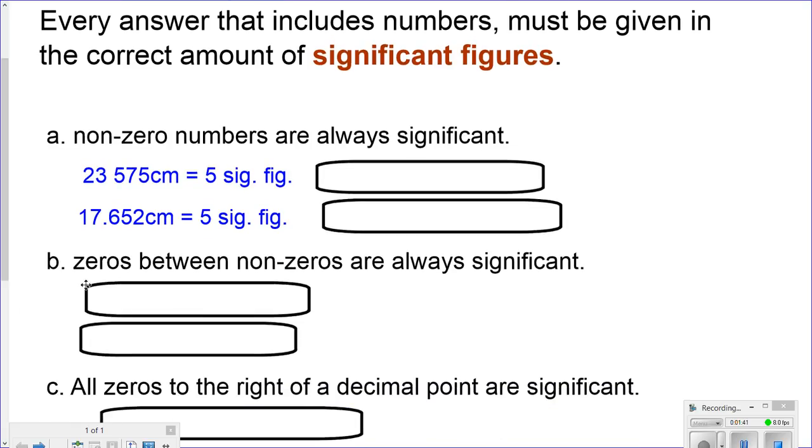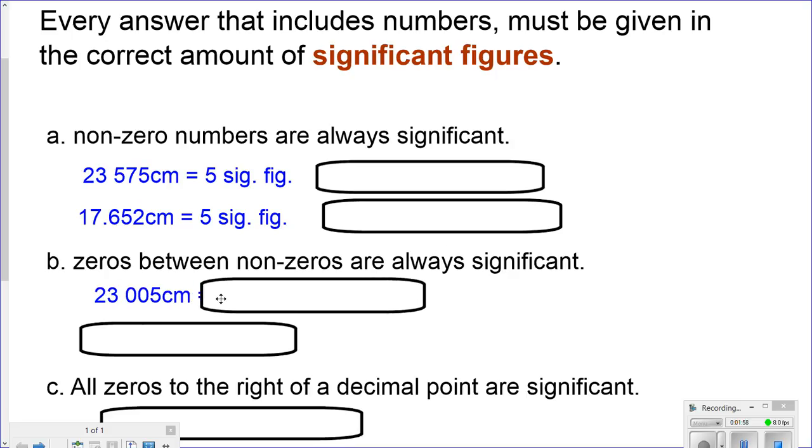Point B. Zeros in between non-zeros are always significant figures. So if a zero is sandwiched in between two non-zeros, those zeros always count as significant figures. For example, 23,005 centimeters.